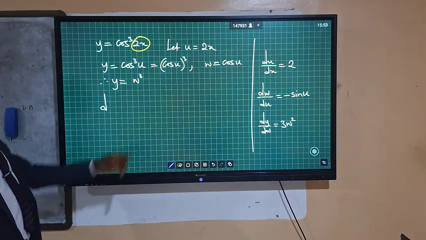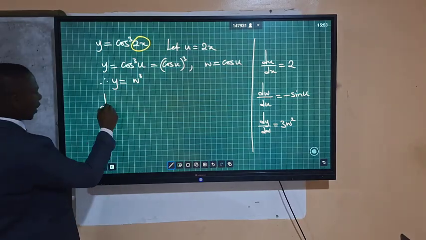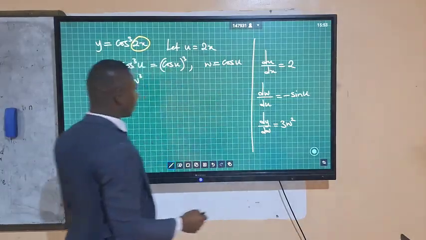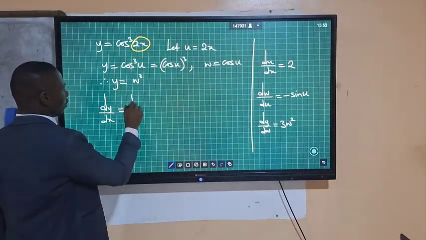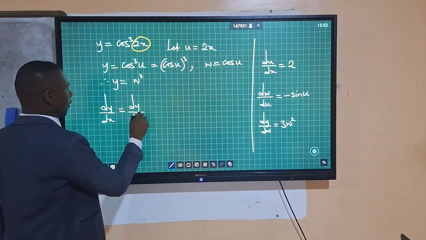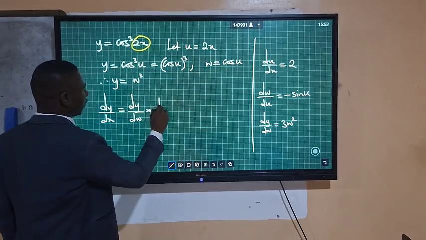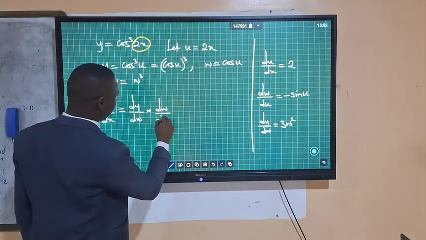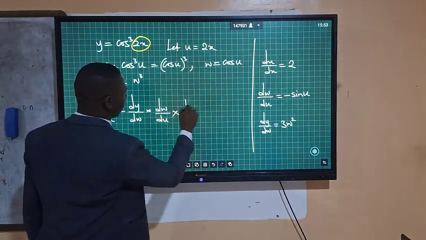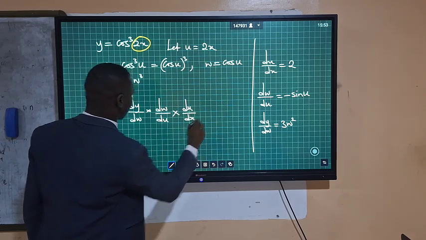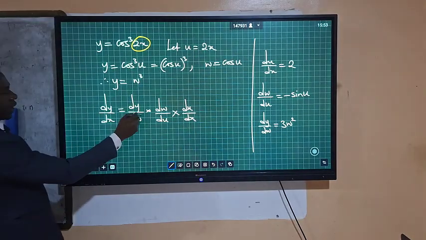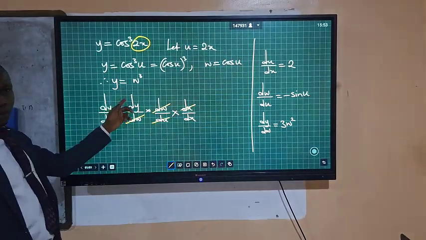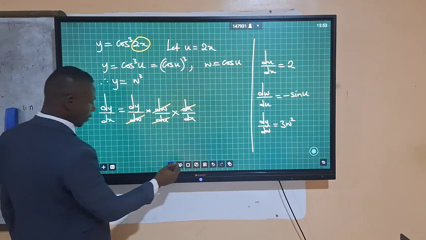By definition, dy over dx is just the product of these things: dy over dw times dw over du times du over dx. Can you see where the change is coming from? If I cancel like this, and this, and this, what is left is dy over dx. I hope that is clear.